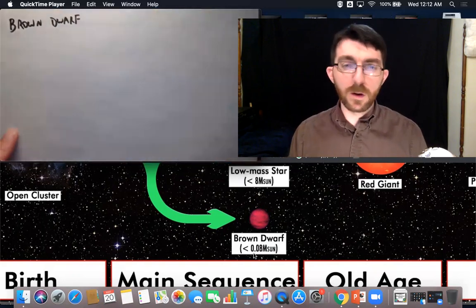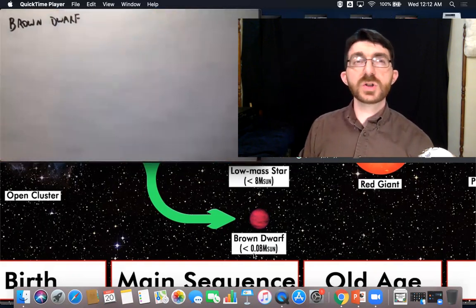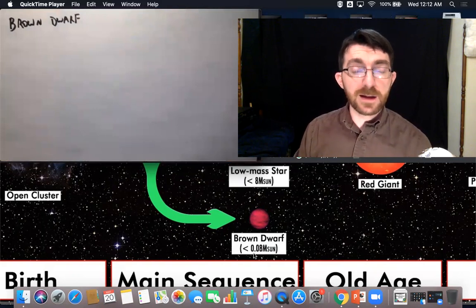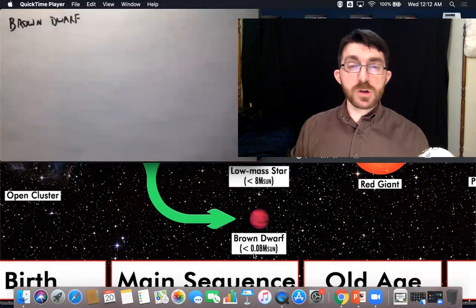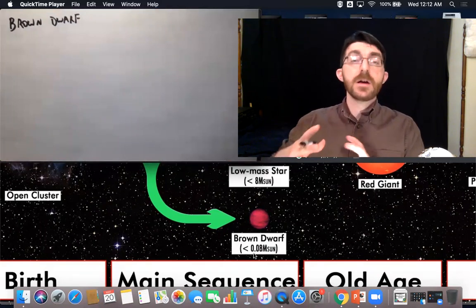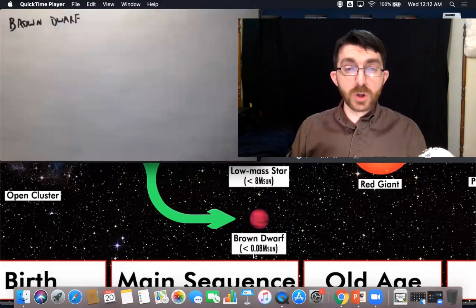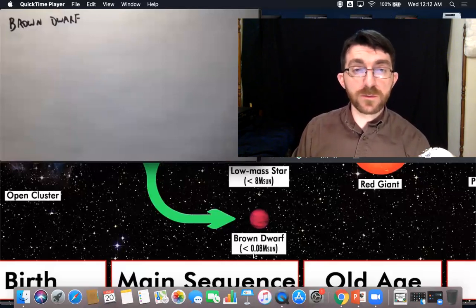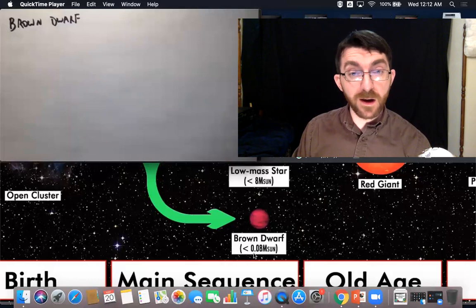A brown dwarf is so close to being a star, but it never got enough mass to produce enough gravity, to produce enough pressure to cause the ignition of fusion. A brown dwarf is almost just like a really hot planet, hardly even a star.